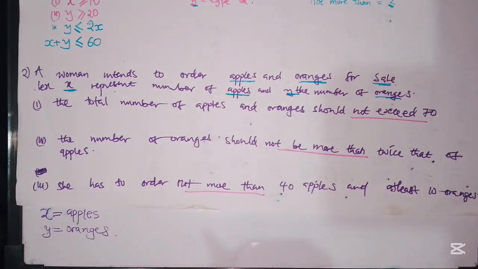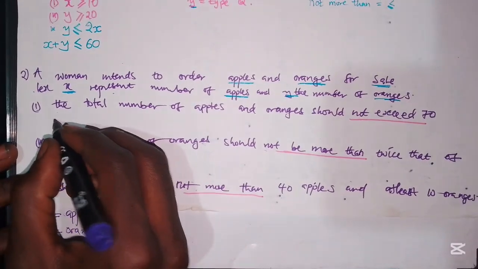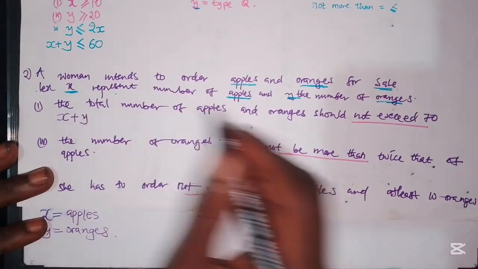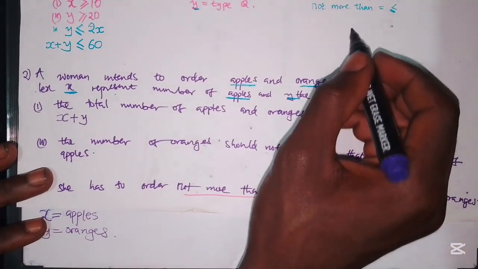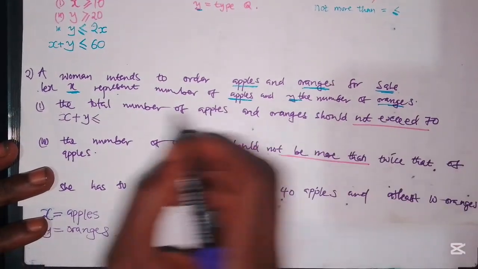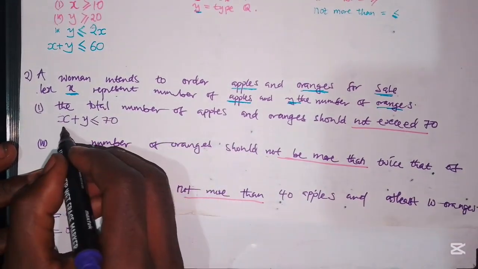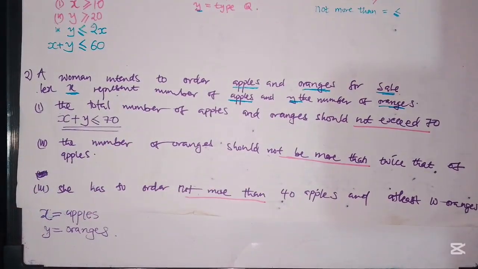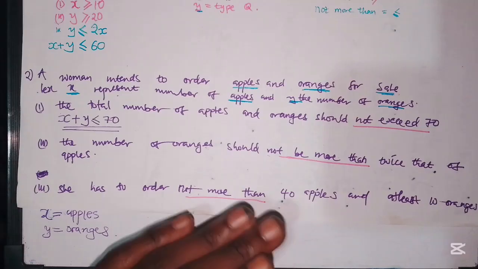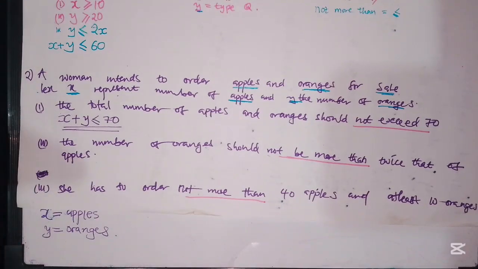In our case, we have x and y. So just say x plus y should not exceed, meaning it should not be more than, 70. Meaning you have written your first inequality. Simple as that. Remember, what you need to understand are the words for linear programming to be simple.